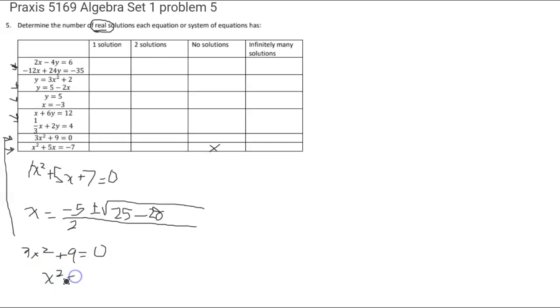I move the 9 over, so it's a negative 9, and I divide everything by 3, so I get a negative 3 here. And again, x equals plus or minus square root of negative 3. Oops, there's an i there, right? Imaginary numbers. So again, no real solutions.